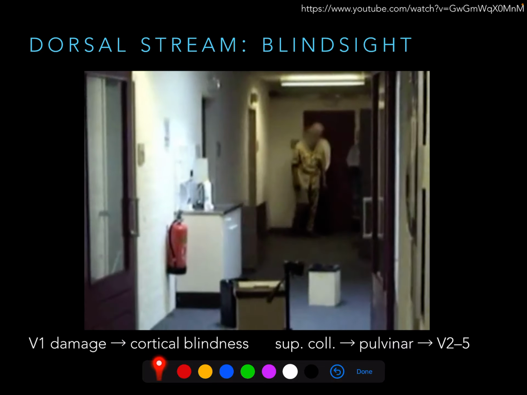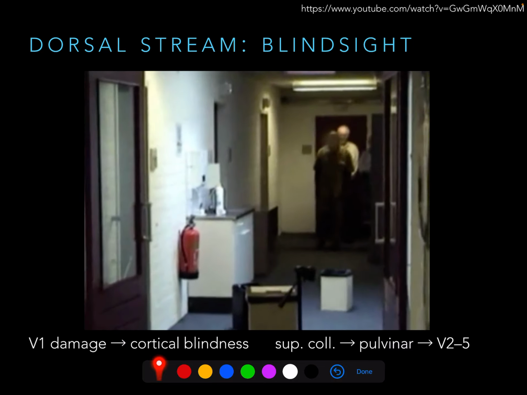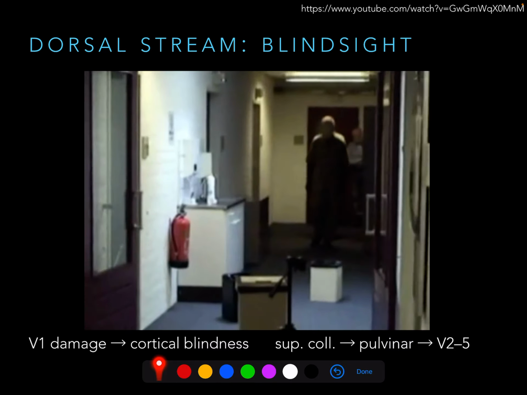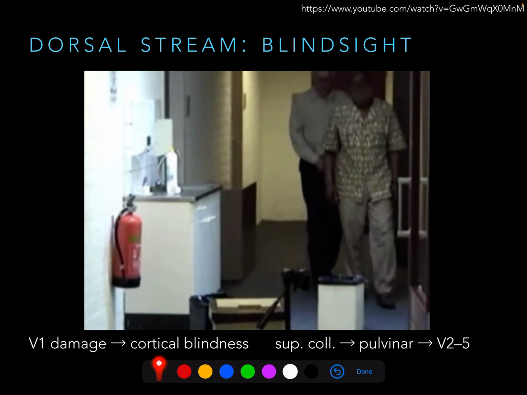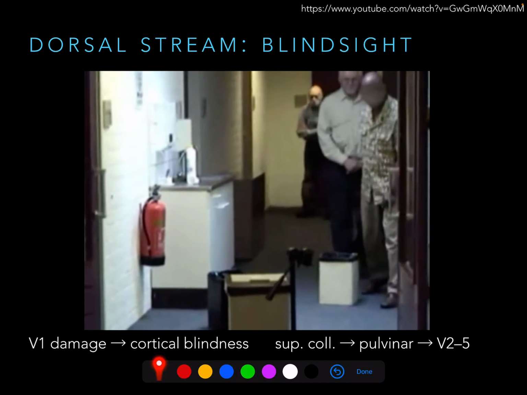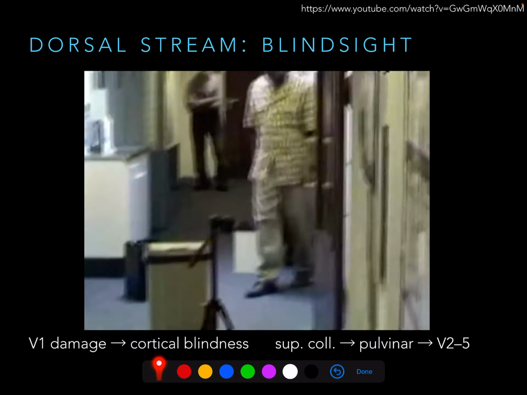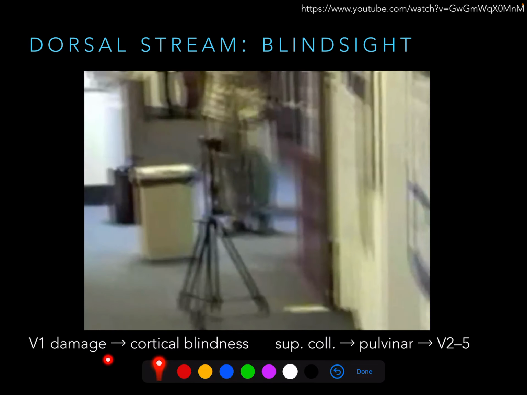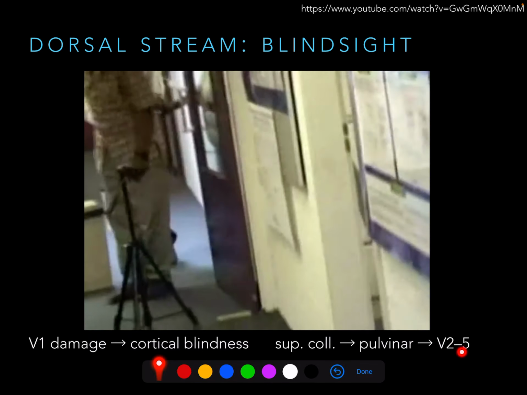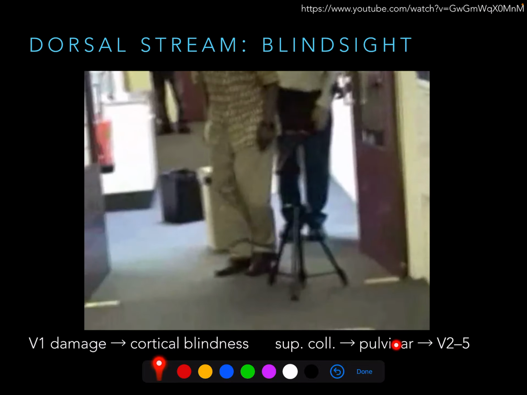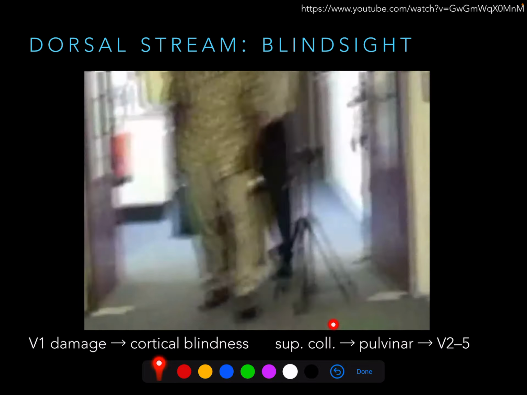Now, that dorsal stream is kind of nifty because we can localize objects even without being able to consciously see them. So here's a gentleman who has cortical blindness. He had damage in his primary visual cortex, but those association cortices, remember, they get input from the pulvinar, and the pulvinar gets input from the superior colliculus.